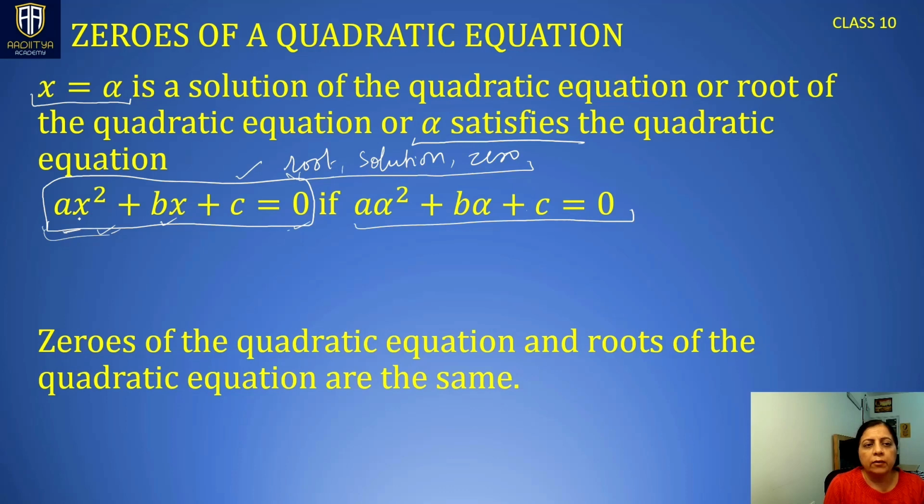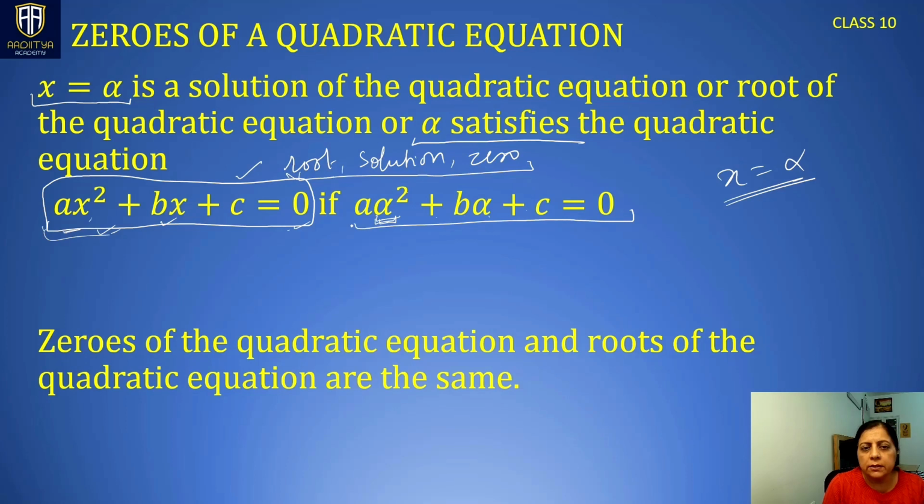So simply what we have to do is replace the value of x by that particular number. See, this is ax square. At the place of x, we are putting alpha here. We are checking whether x is equal to alpha is a zero or not. So, replacing x by alpha, we get a alpha square plus b alpha plus c is equal to 0.